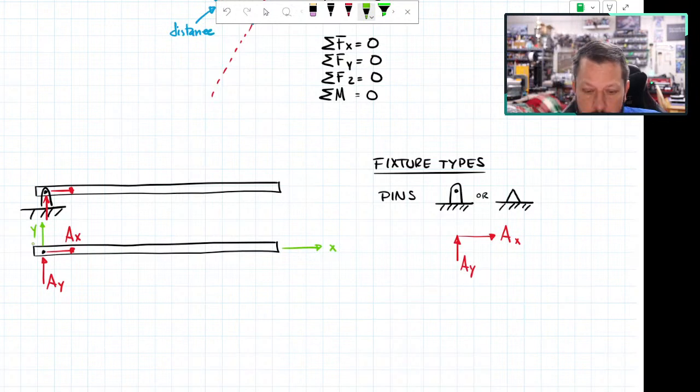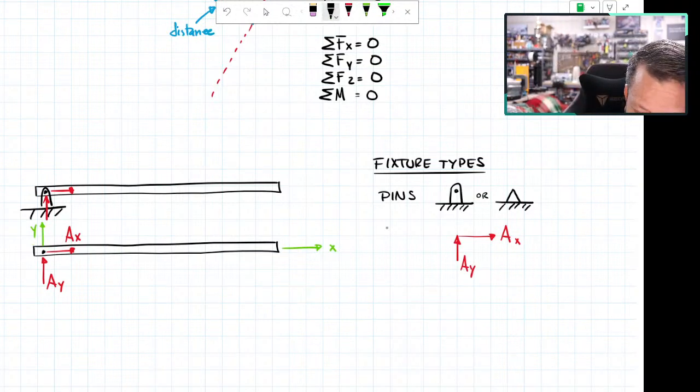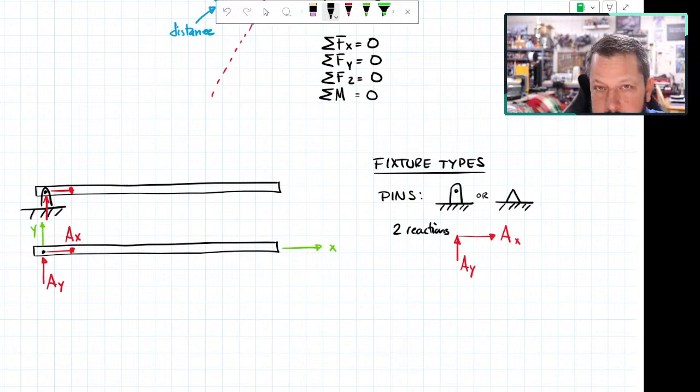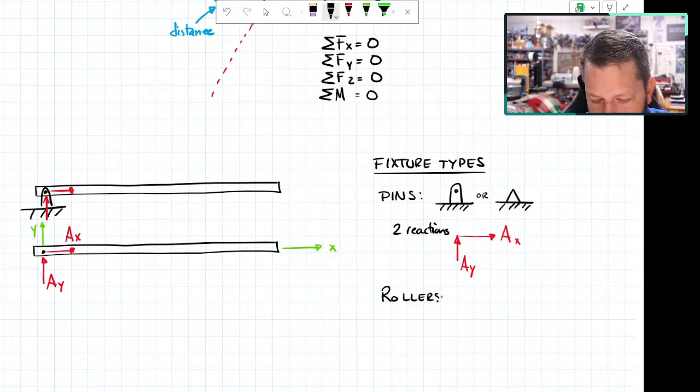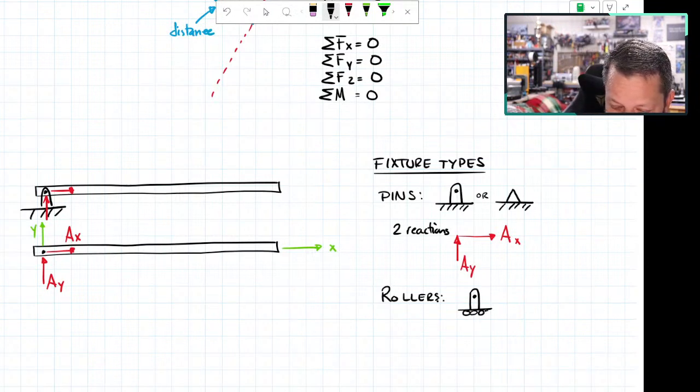Okay, so that's one fixture type. Pins, they have 2 reactions. Another common one is a roller. And this one might look like a pin, but instead of it being shown attached to the ground, it has little skateboard wheels on it.